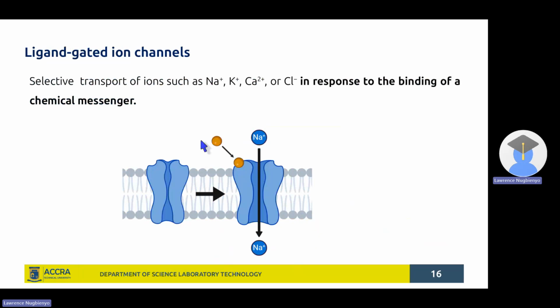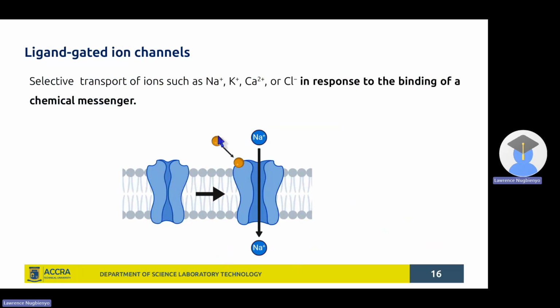And so you have these ligands being referred to as chemical messengers. Like if you have this acetylcholine, which is binding on this protein. So you see, first of all, the transmembrane protein is closed. There's no movement of any ion through it.